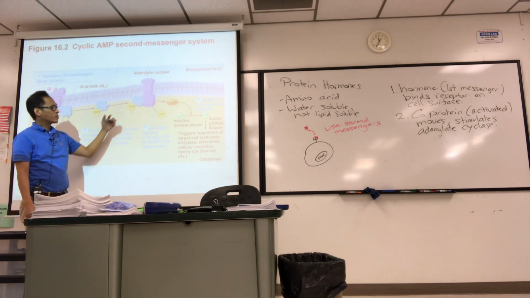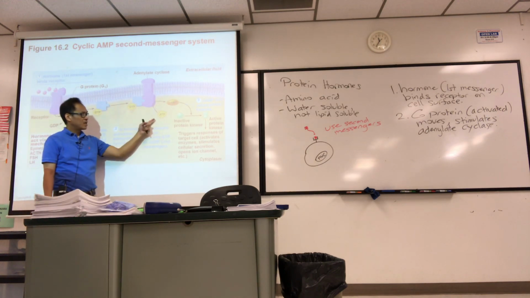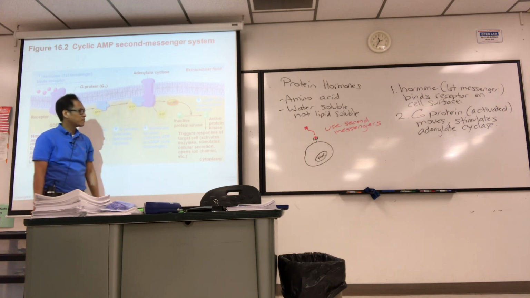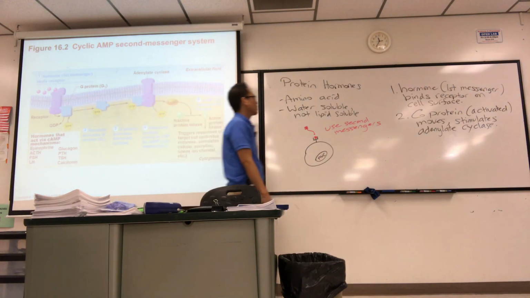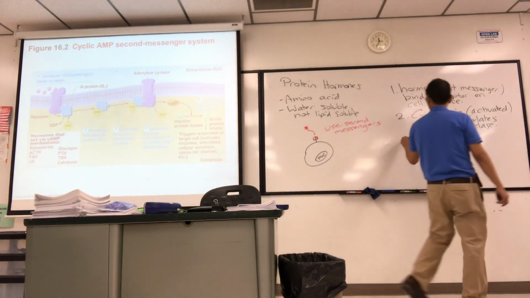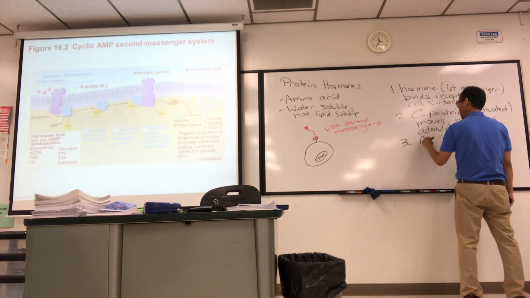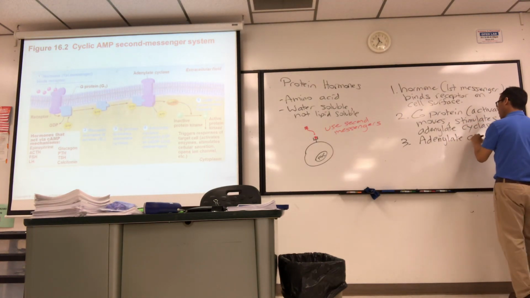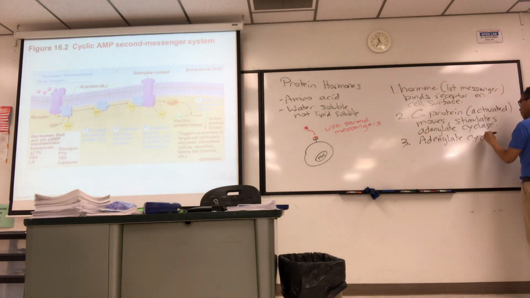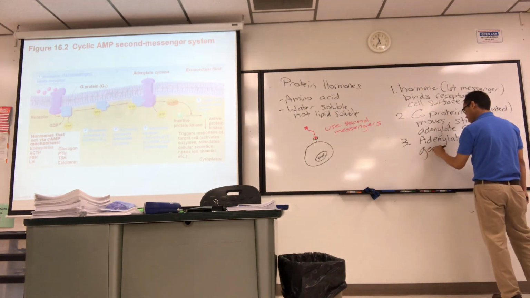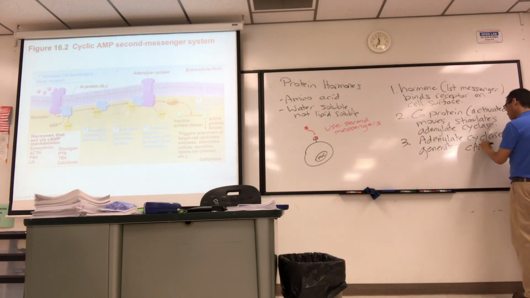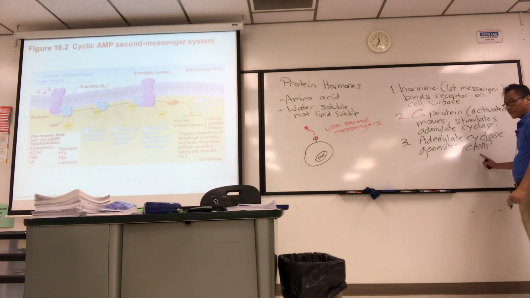The adenylate cyclase will convert ATP into cyclic AMP. You're just going to cleave off two terminal phosphates. Adenylate cyclase generates cyclic AMP. That's the second messenger.